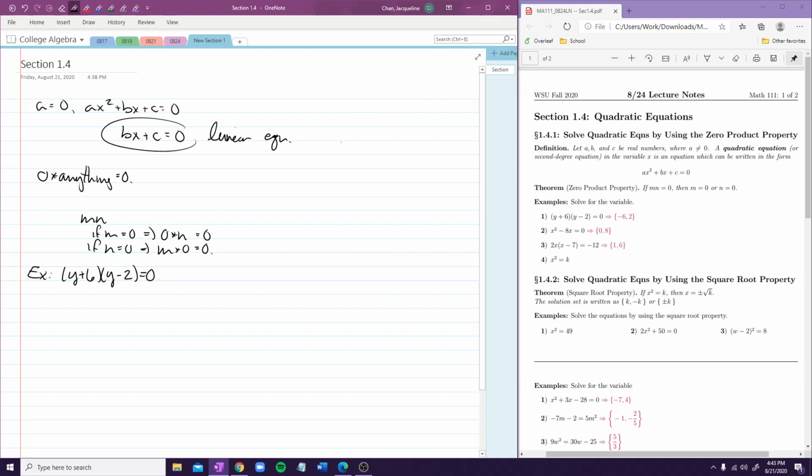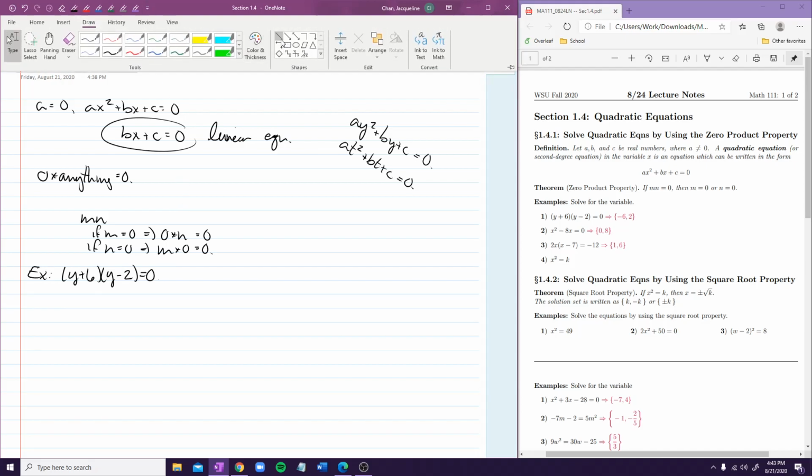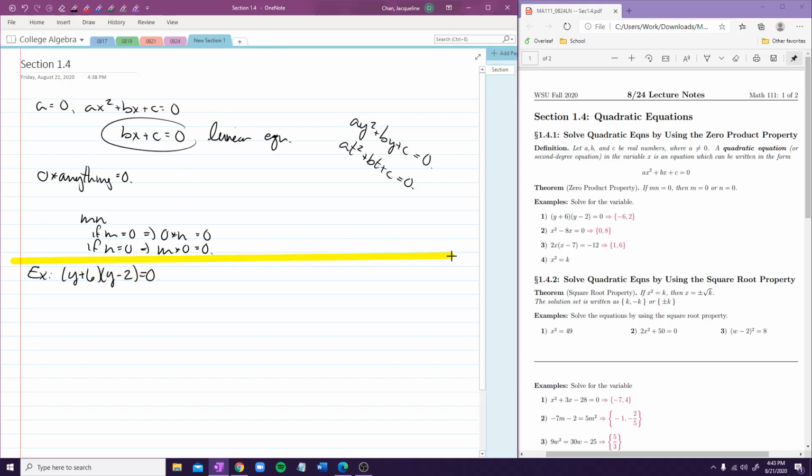So if we have a quadratic equation in the variable y, that would just be ay squared plus by plus c equals 0. Same thing goes for t: at squared plus bt plus c equals 0. They're just variables. So let's continue on with our example.